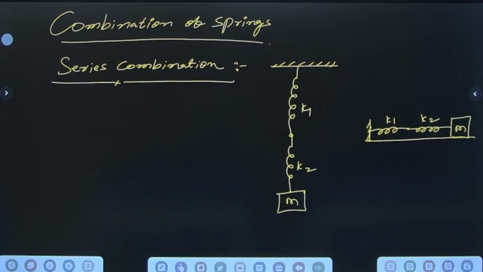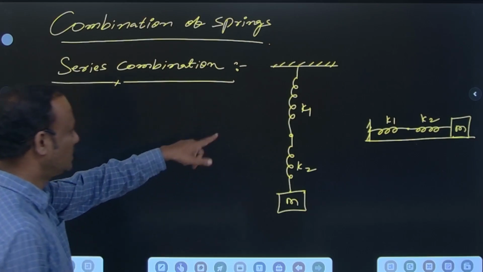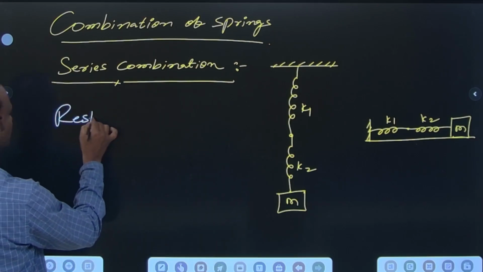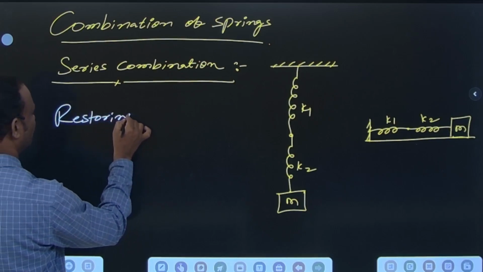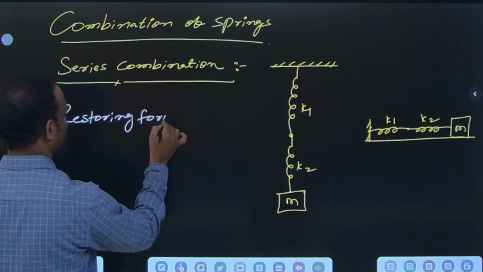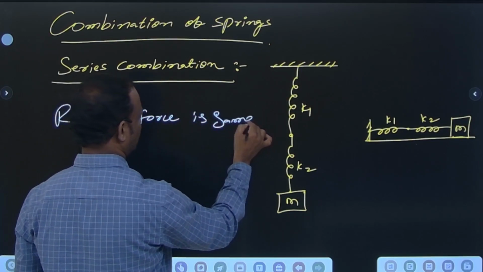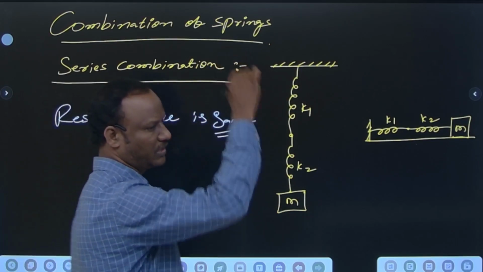So in series combination, the same restoring force acts in all the springs, but the extension will be different. What is the condition in the series combination? Restoring force is the same in all the springs, however many, n number, you connect.